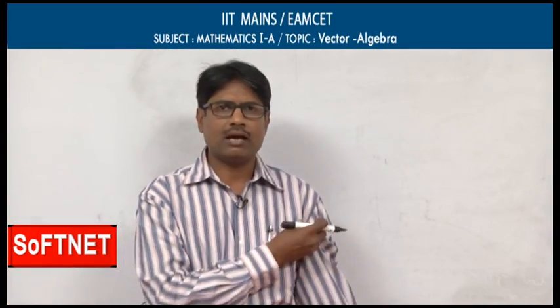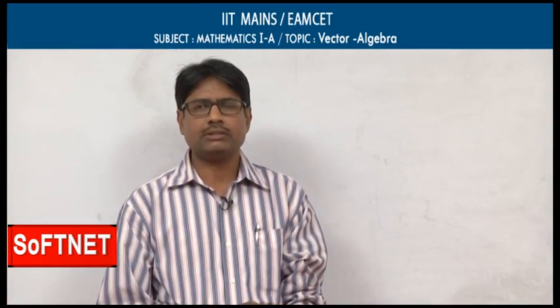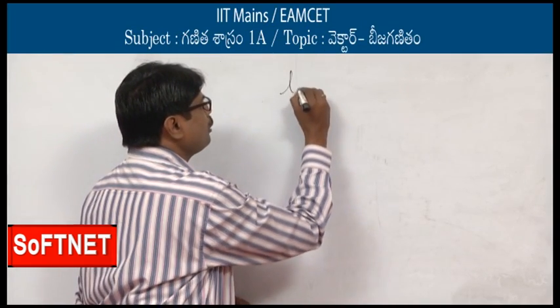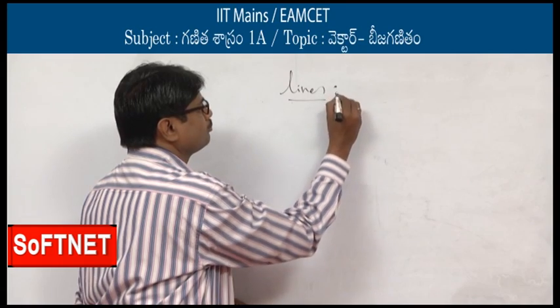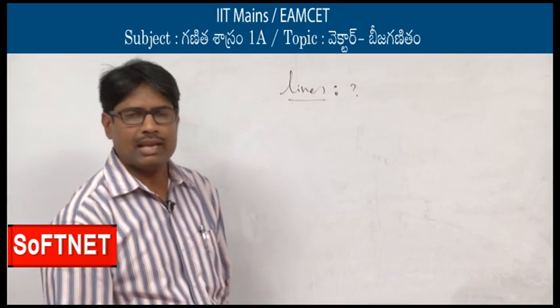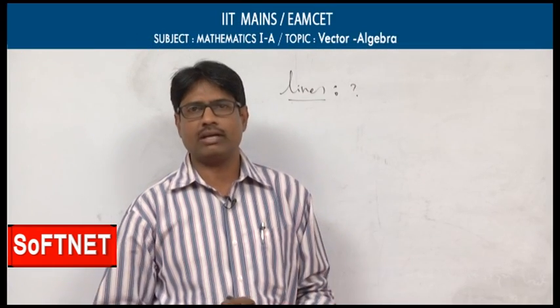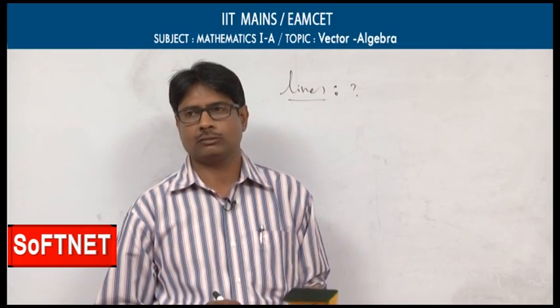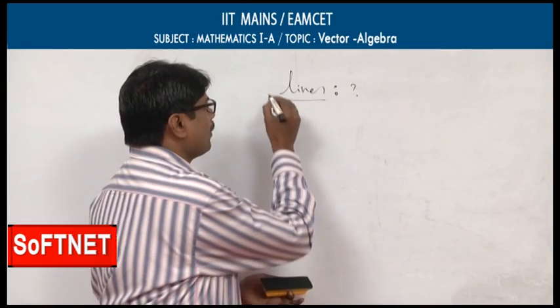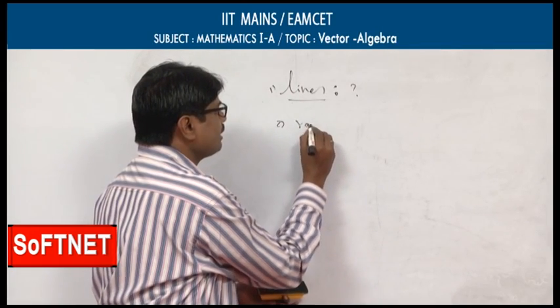In the vector algebra geometrical concept, 3 points are to be remembered. They are line, ray and line segment. What do you mean by a line? A line whose initial point and terminal point are not defined is called a line. And the second, ray. What is a ray?